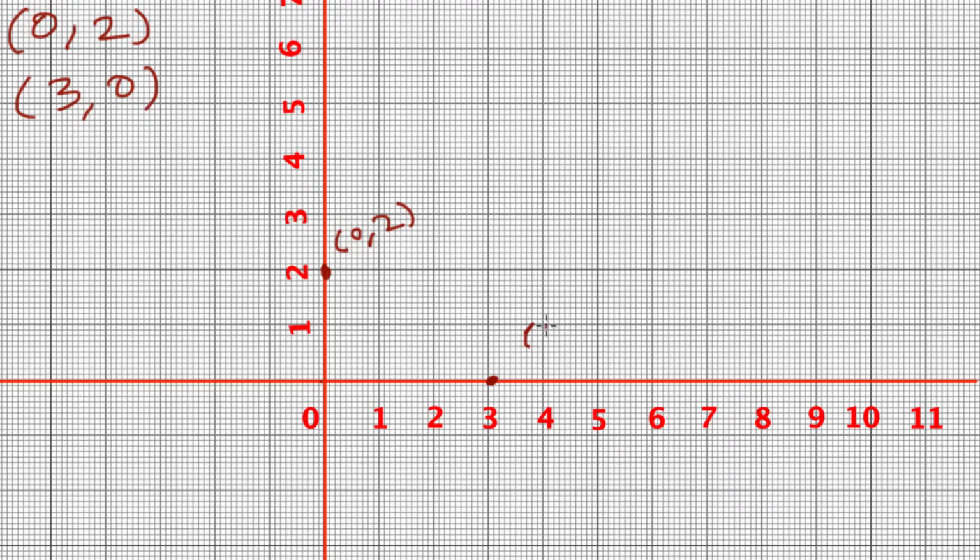This is your (3, 0). Next step is to draw a straight line connecting these two dots. So that's your straight line. This is your graph for the linear equation 2x + 3y = 6.